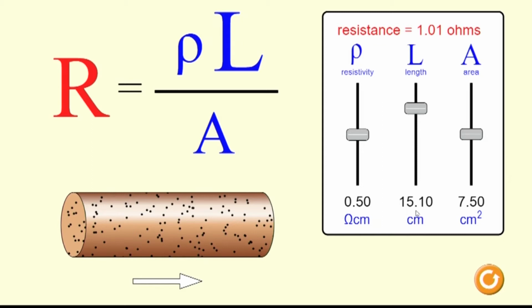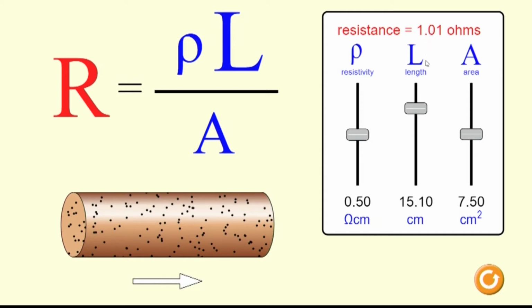When we increase the length of the conducting wire, the free electrons need to travel a larger distance, and in traveling larger distances they come across more neighboring atoms which have a force of attraction on the free flow of electrons, and the electrons also collide with neighboring atoms more.